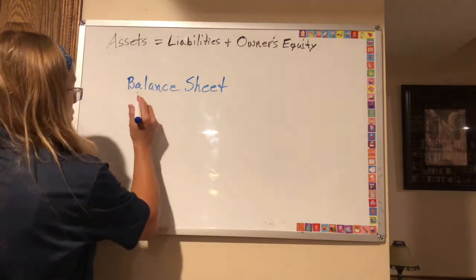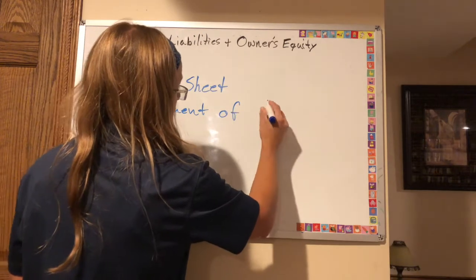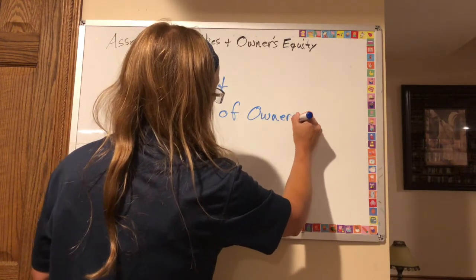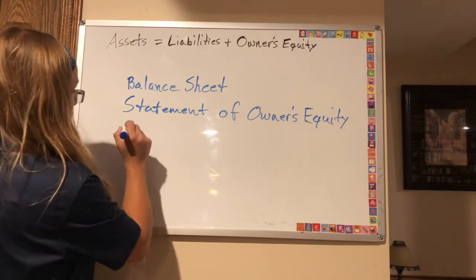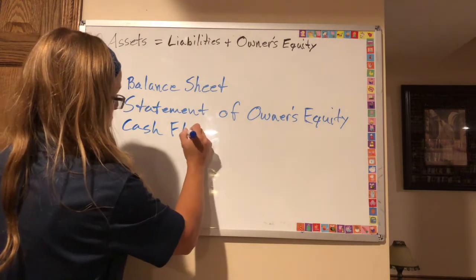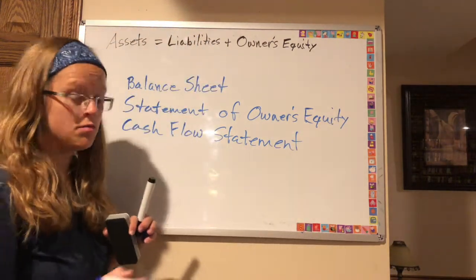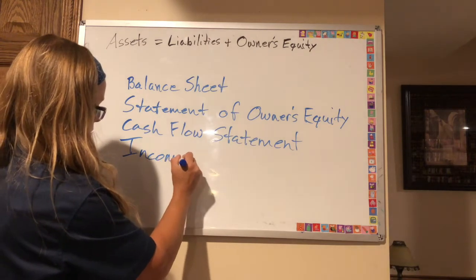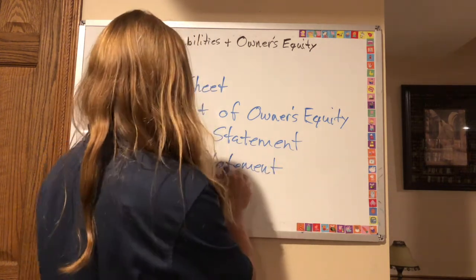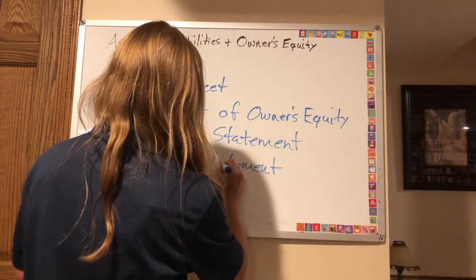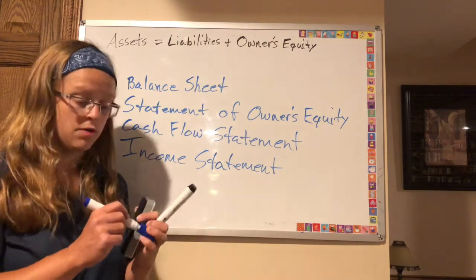You have the statement of owner's equity, your cash flow statement, and your income statement.